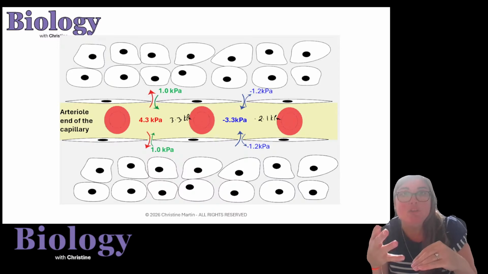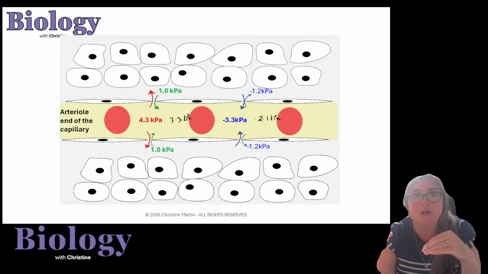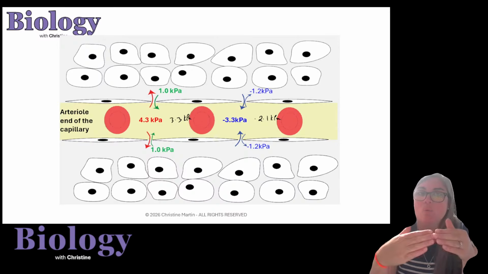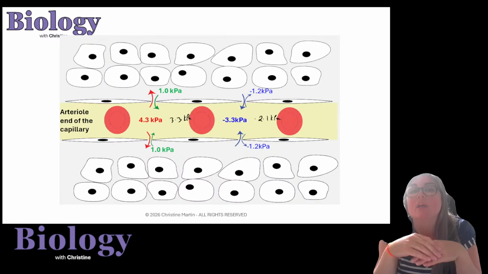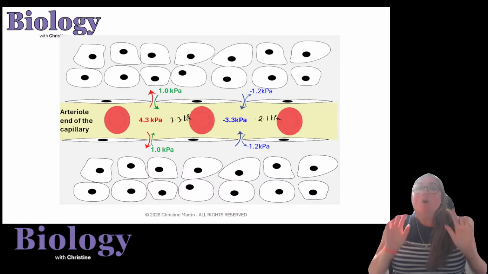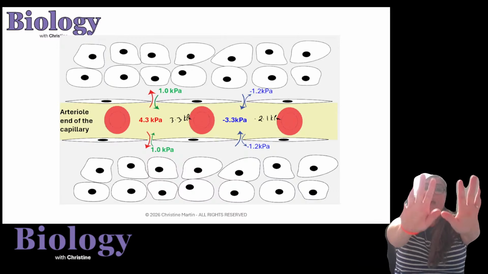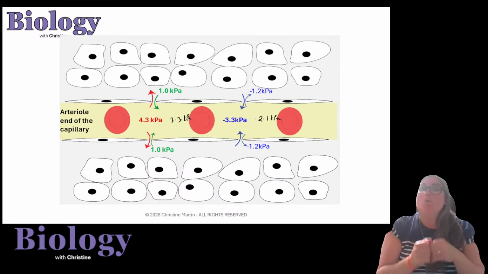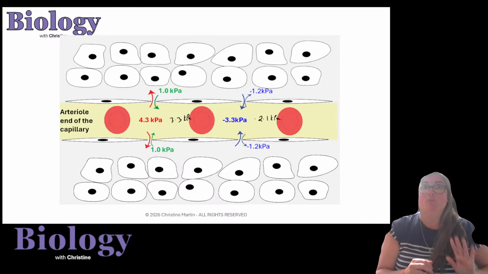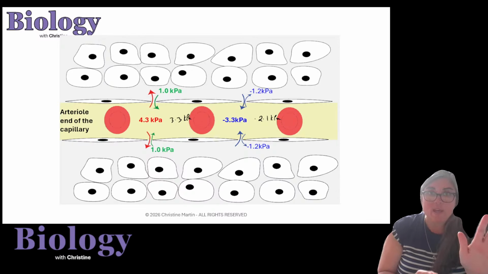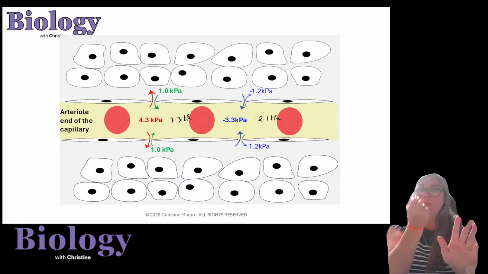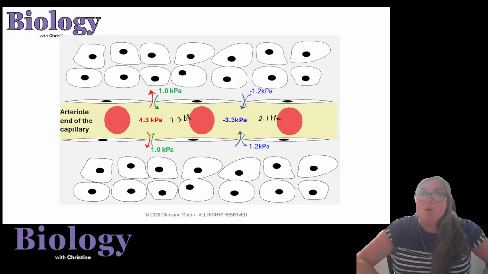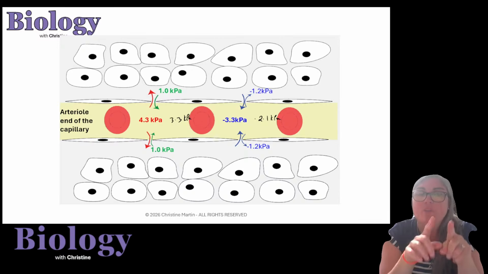The tissue fluid has its own oncotic pressure, and that is going to be a net of minus 2.1 kilopascals. So we have hydrostatic pressure pushing out, and oncotic pressure pulling back in. When the hydrostatic pressure pushing out is greater than the oncotic pressure pulling back in, that is going to force more fluids out of the capillary.